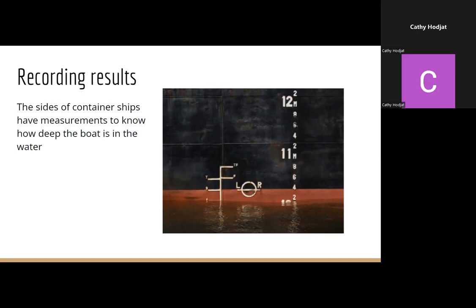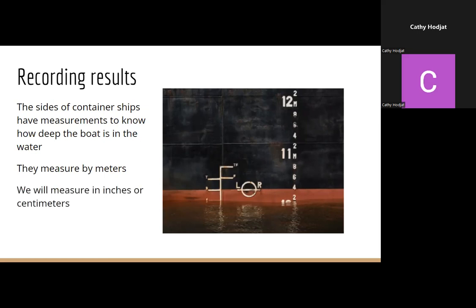Okay, so on actual boats, there are measurements along the side, so you can see how deep the boat is in the water. This is a picture of an actual boat, the side of a boat. You can see the measurements here, and they are in meters.